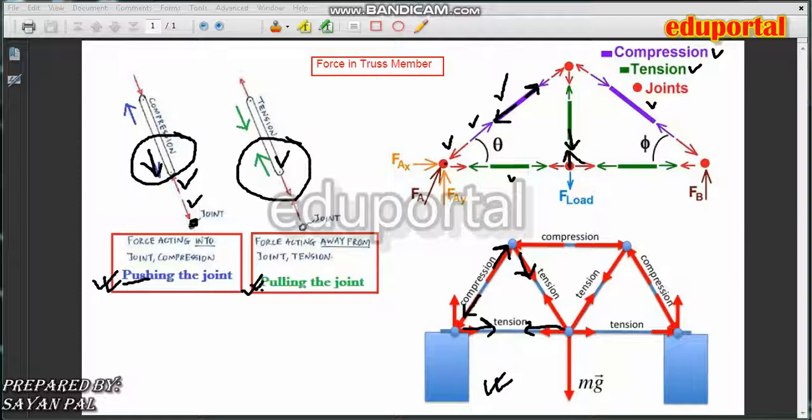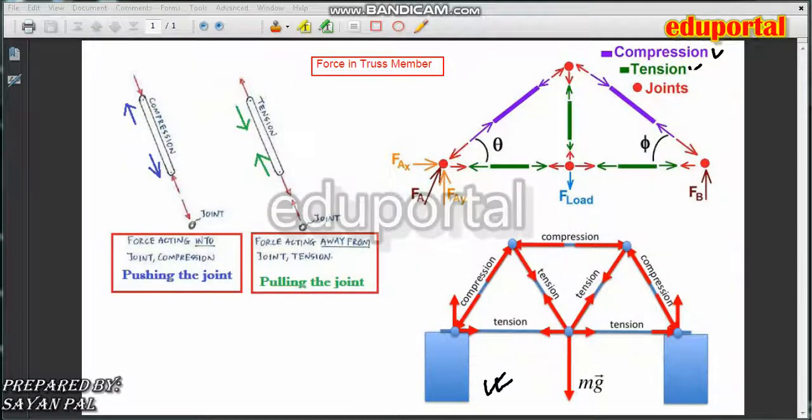Okay, so let's summarize the whole thing once again. When the member is pushing the joint, this is the force. As a result, according to Newton's third law, the joint will also push the member. As a result, the internal force developed is the compression. So if the member is pushing the joint, then compressive force will be developed and its direction is this.